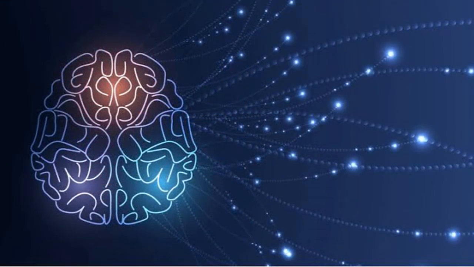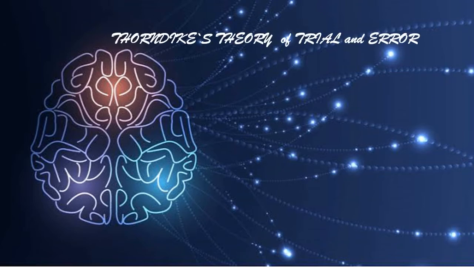Move on to the learning theory of Edward Lee Thorndike, which is trial and error. This is also often called connectionism or association theory.